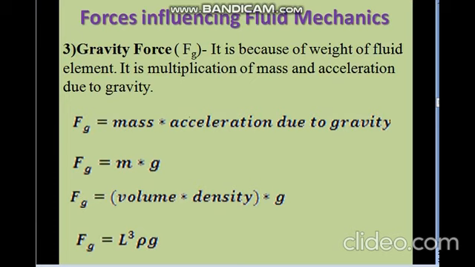So Fg is mass into the acceleration due to gravity, m into g. How do we find the mass? Volume into density. Volume is the multiplication of length, breadth and height. So here is the length scale, L cube, and we take L cube rho g. So that is the gravity force.